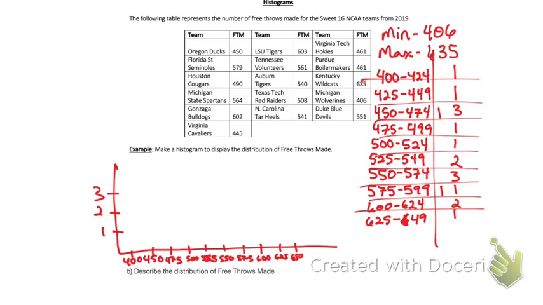Yeah. I sure did. Because I missed 425. All right, all good.